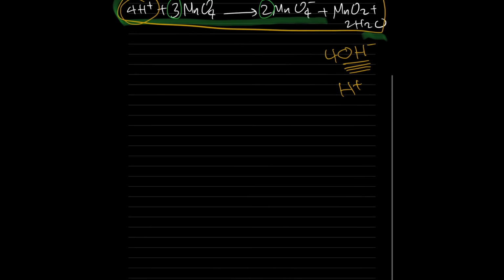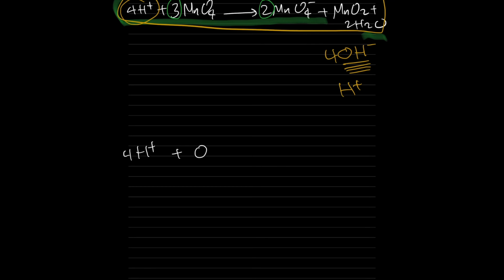But the question is, so what if I add 4 OH? What will happen? It says that once you have H plus in your compound, and then you add OH negative, like the same number, then you will have 4 water molecules. So, according to this equation, as you can see, you will add OH negative in here, and you notice that it's 4, and here you'll have 4 OHs in here.